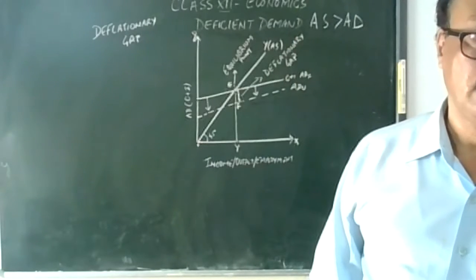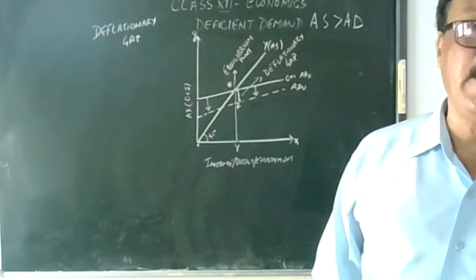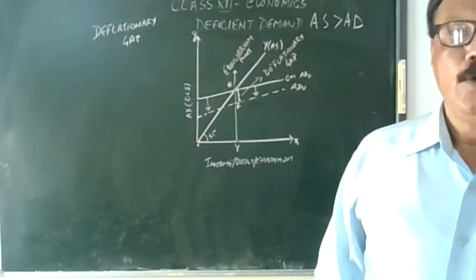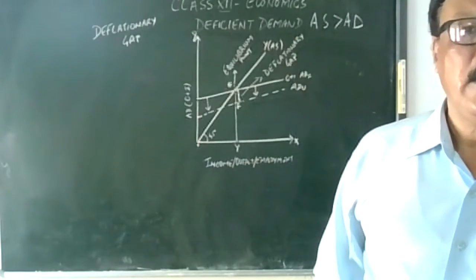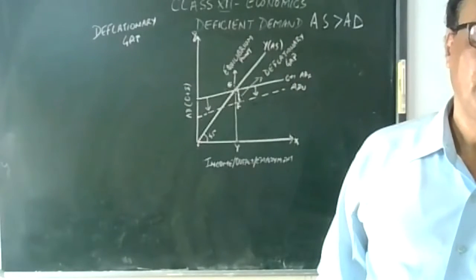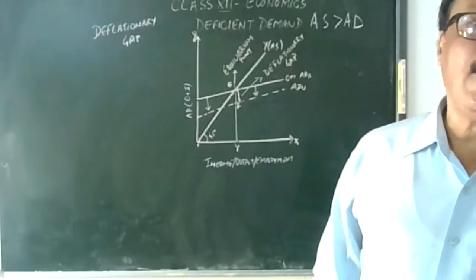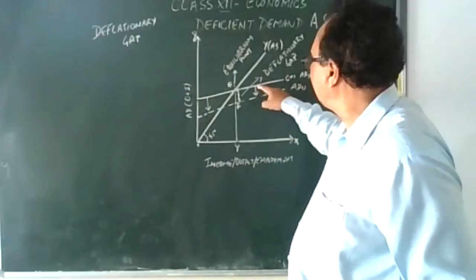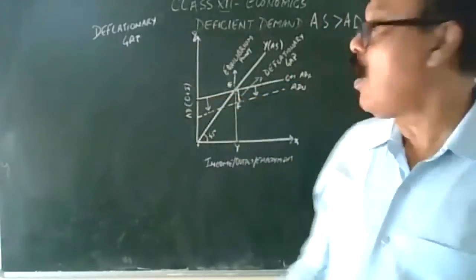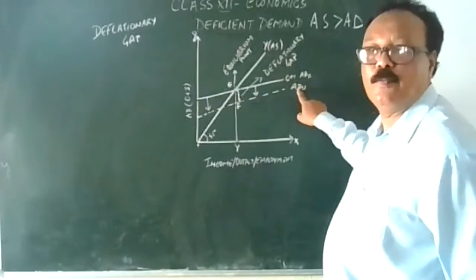Suppose due to a decrease in investment expenditure, the AD curve shifts downwards from ADF to ADU.